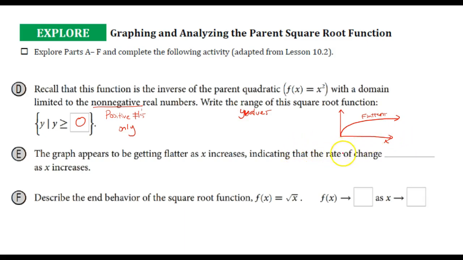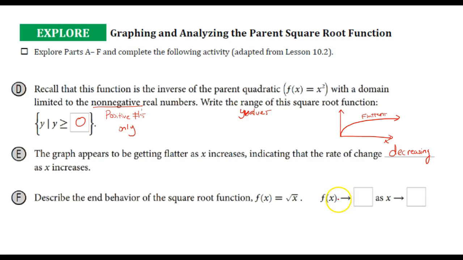So it says indicating that the rate of change blank as x increases. The rate of change isn't really going up, it's actually decreasing as x increases. Last but not least, for part F, it says describe the end behavior for the square root function f of x equals square root of x.